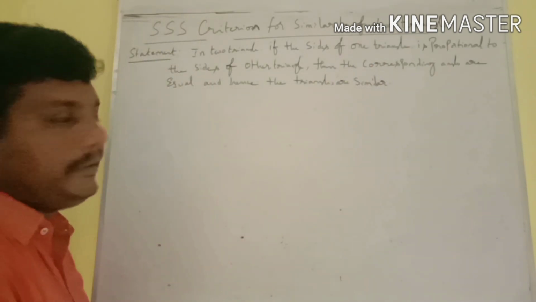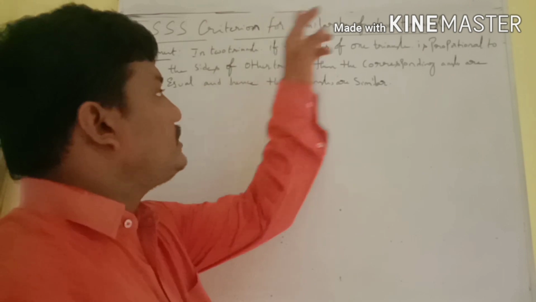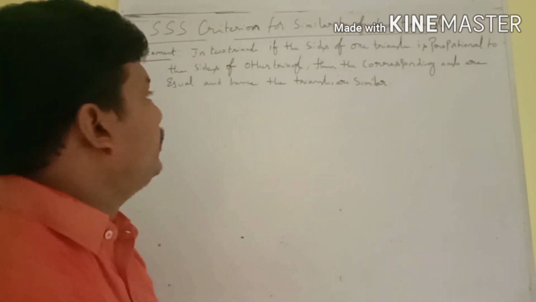So this is the statement of the side criterion for similarity of two triangles.